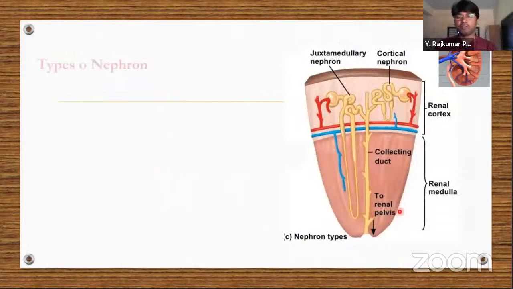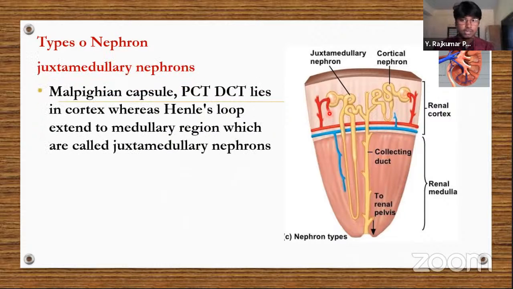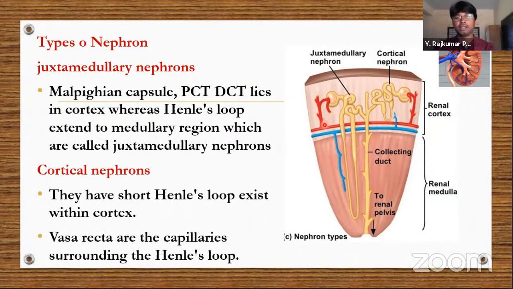Right. Types of nephron. There are two kinds of nephrons according to the location and the size. We have classified them into juxtamedullary nephrons and cortical nephrons. Juxtamedullary nephrons extend from the cortex to the medulla.